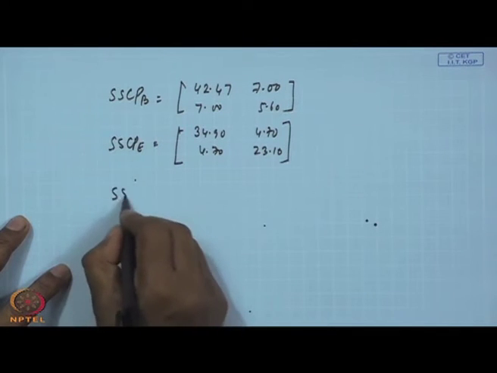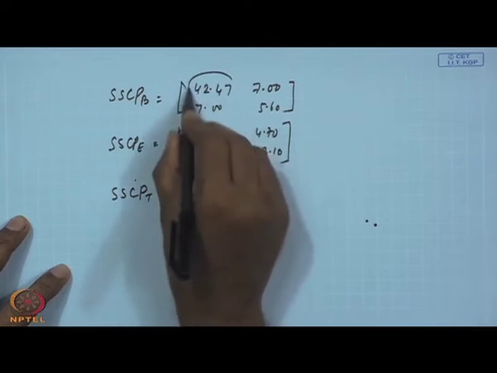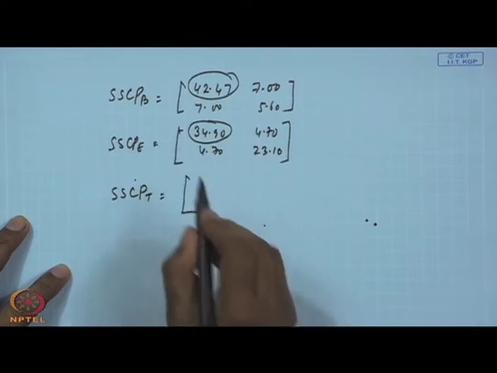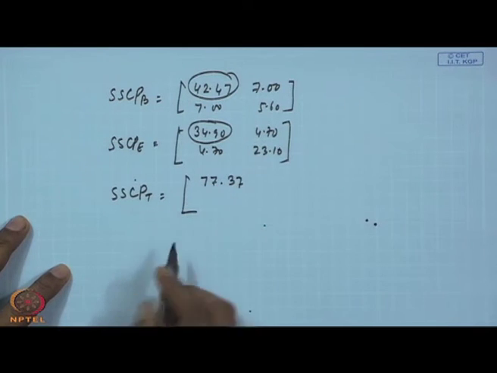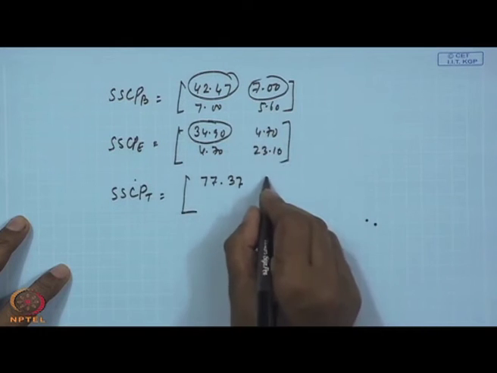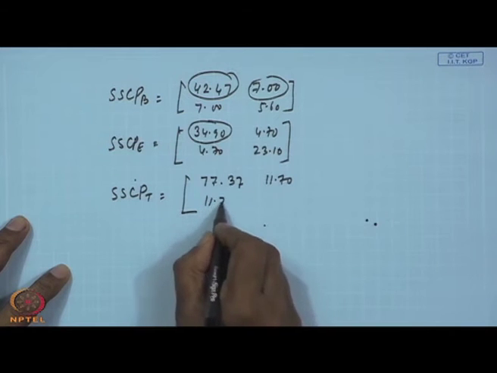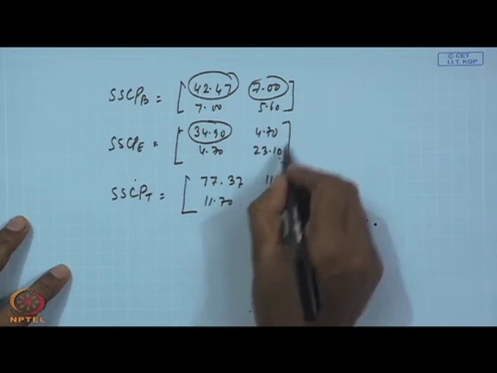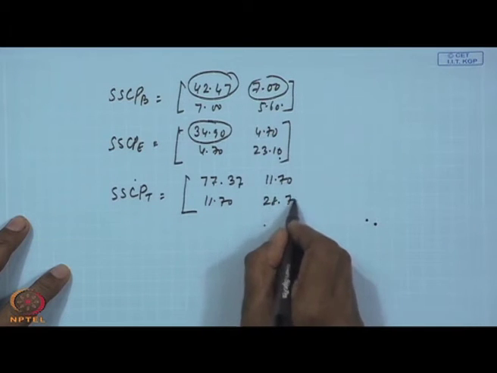So, you know your SSCP total now. This plus this resultant will be 77.37. Now, 7 plus 4.7, 11.70, 11.70, then 23.10 plus 5.60, it will be 28.70.